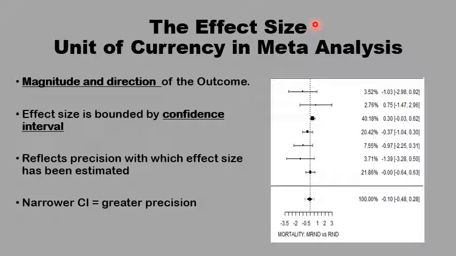In the next presentation, we'll go through the effect size in more detail. But at this stage, just a reminder that the effect size is actually the currency we use in meta-analysis.